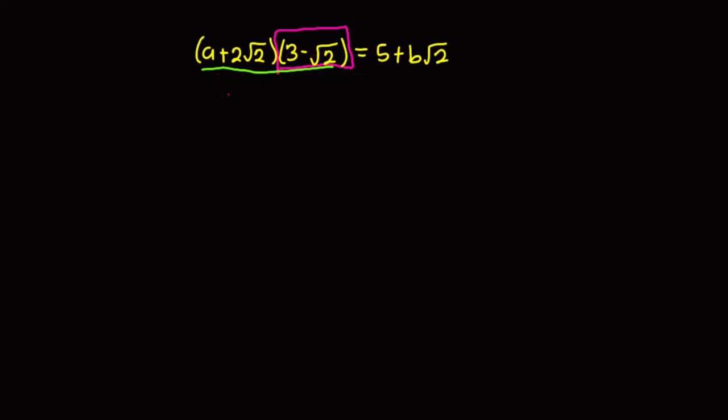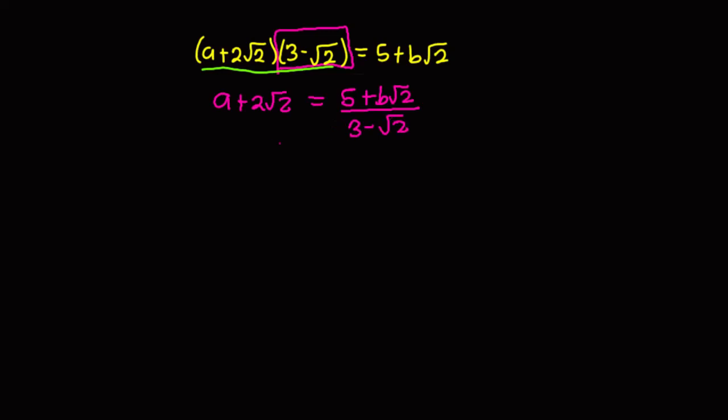And this leaves us with a plus 2 root 2, and this is equal to 5 plus b root 2 divided by 3 minus root 2.